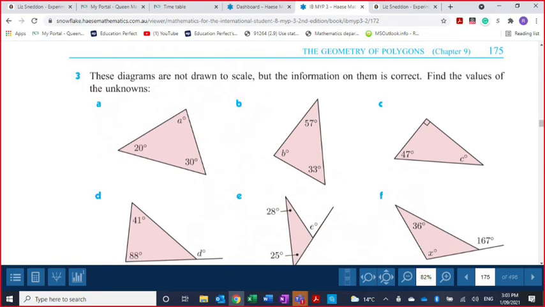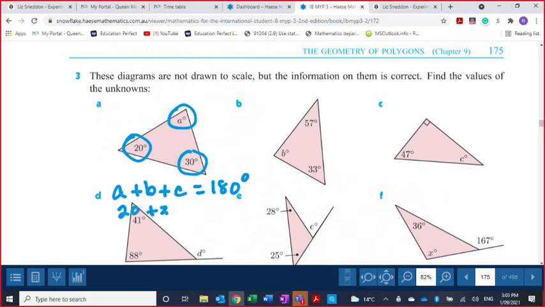Okay. So these diagrams are not drawn to scale, but the information on them is correct. Find the values of the unknowns. So here, these are all interior angles, yes? So we know that they all should add up to make 180 degrees. So we're simply going to take the ones we know and add them together. So 20 plus 30 is 50. Plus c equals 180.